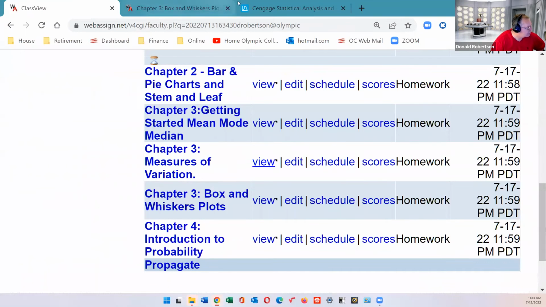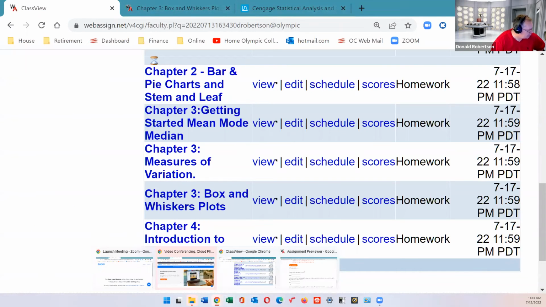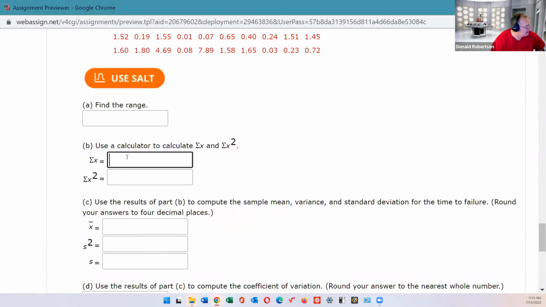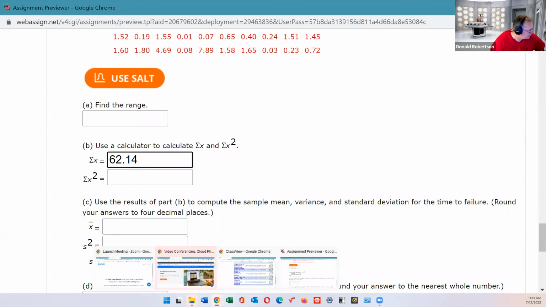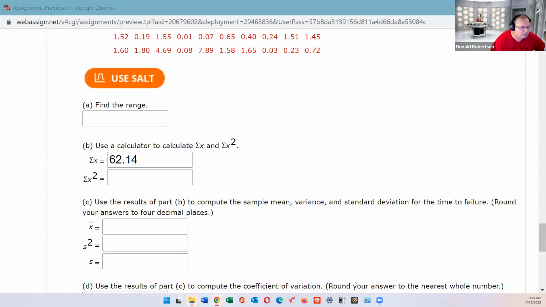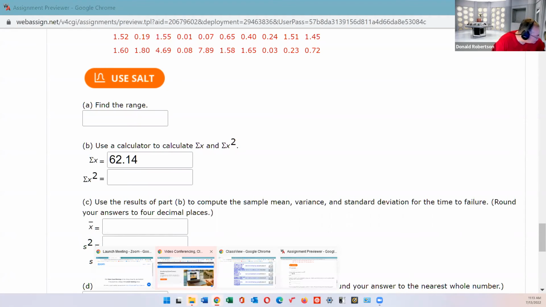And where the heck is my question? I want my question back. Here we go. That's the one they call the sum. You see it's sigma x, add up the x's. X's mean data, right? Sum the data. And the other one that we had was, I'm trying to find it.